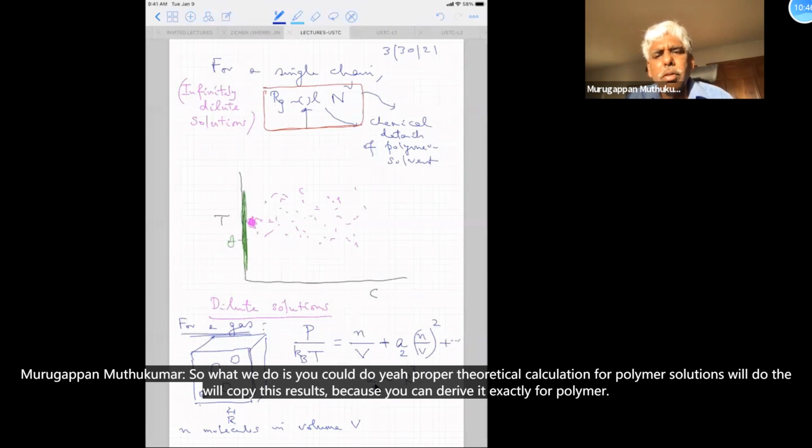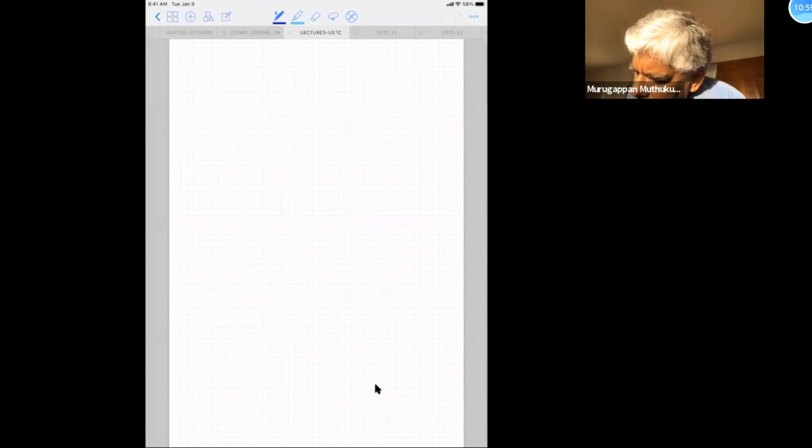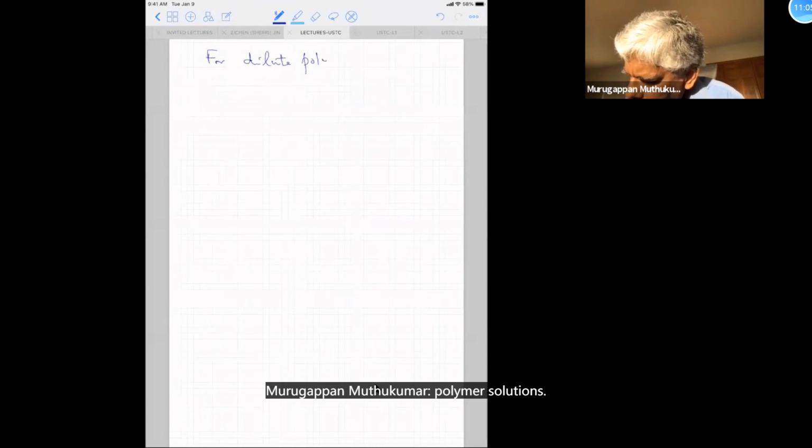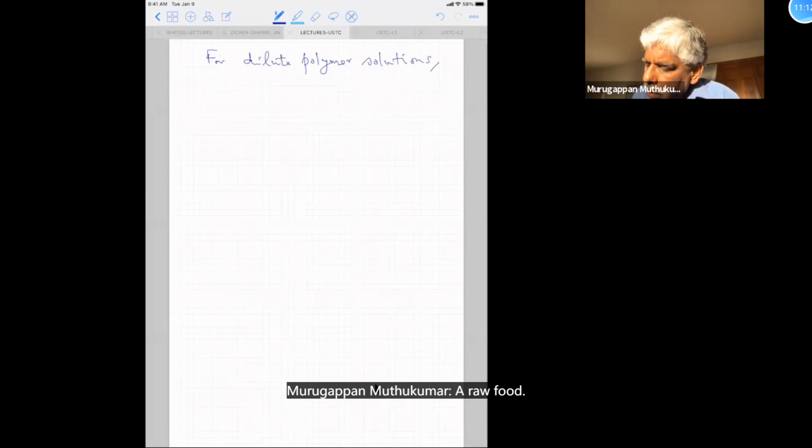So what we do is, you could do a proper theoretical calculation. For polymer solutions, we'll copy this result because you can derive it exactly. For dilute polymer solutions, I'll draw a figure once more.